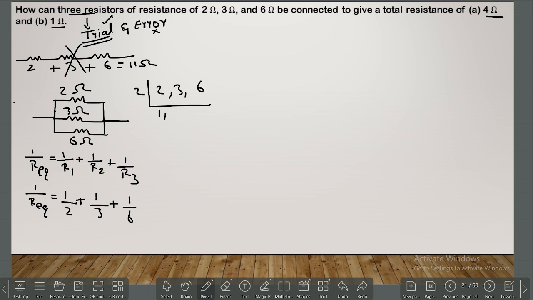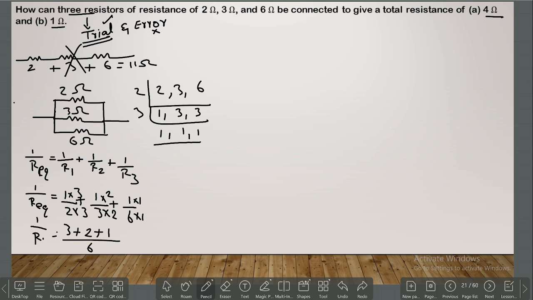The LCM is going to be 6. So 1 into 3 is 3, 1 into 2 is 2, 1 into 1 is 1. This is 1 by R equivalent.